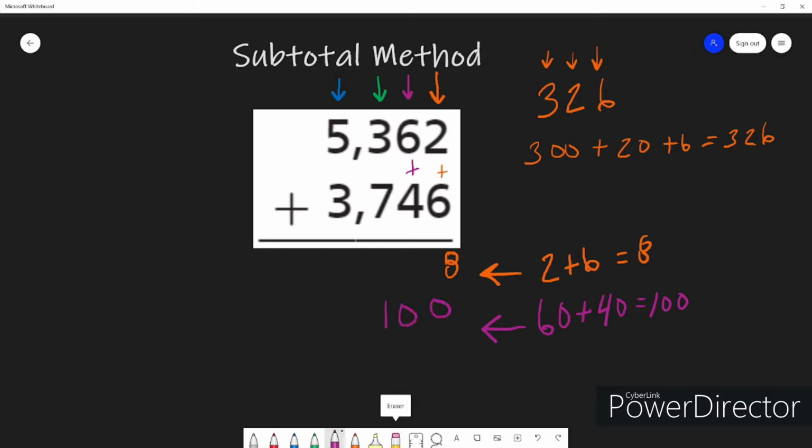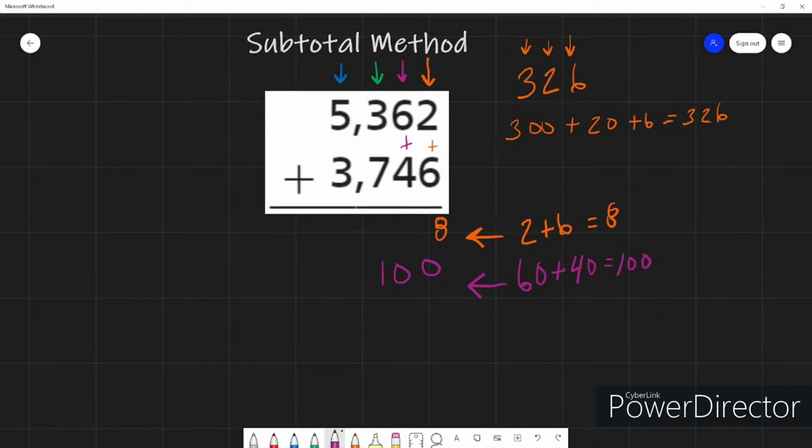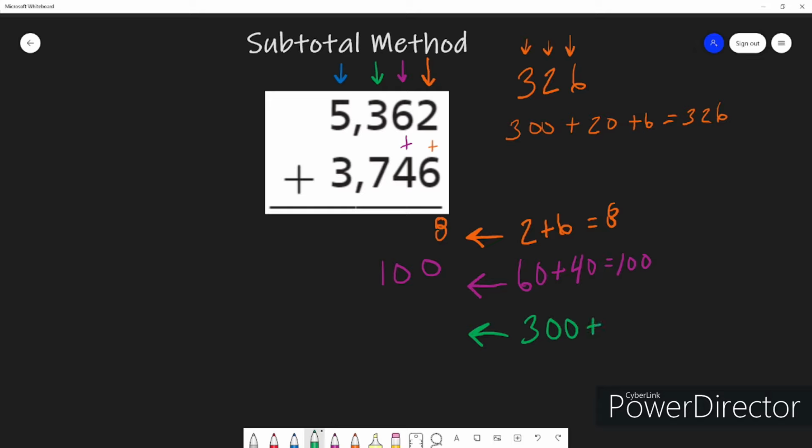Moving on, you now have the hundreds window. And the hundreds window will be in green. And what we're looking at here is not 3 plus 7, but more like 300 plus 700, which equals 1,000. And that gives us the place value there that we can now add, 1,000.